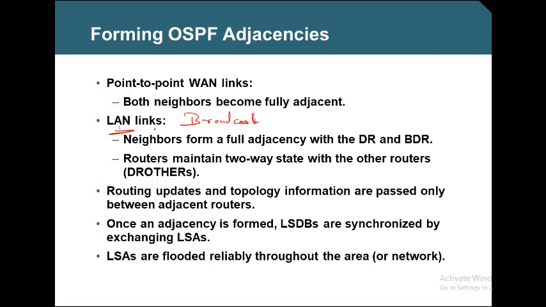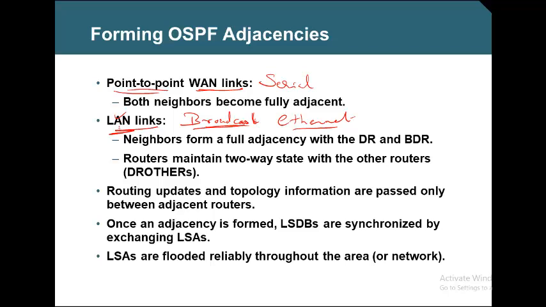Wherever you use Ethernet, we call it LAN links. LAN links are broadcast domain, broadcast. Link type is broadcast. Wherever you have serial, which is a point to point link. WAN link is point-to-point link. LAN link is broadcast Ethernet link.